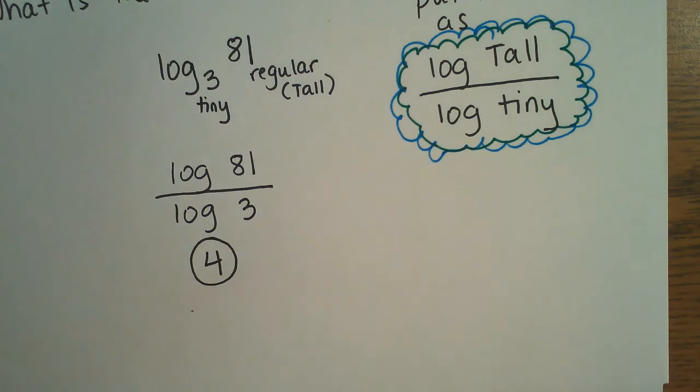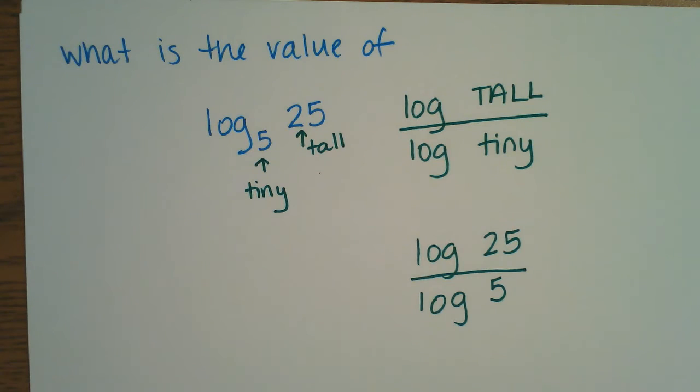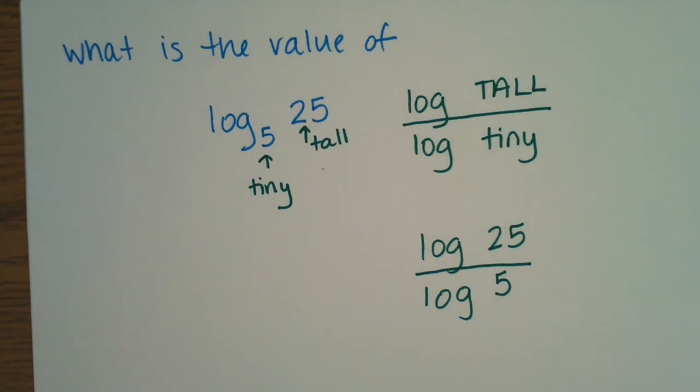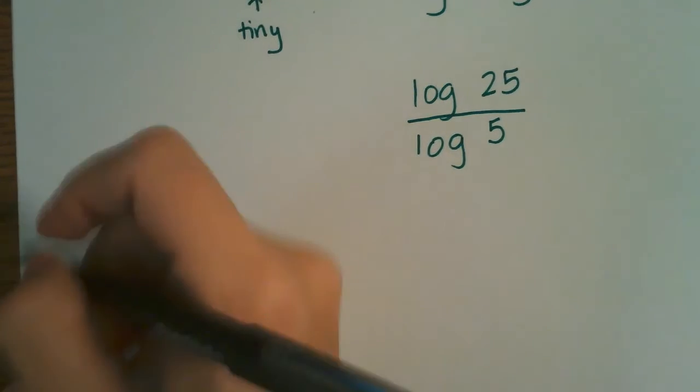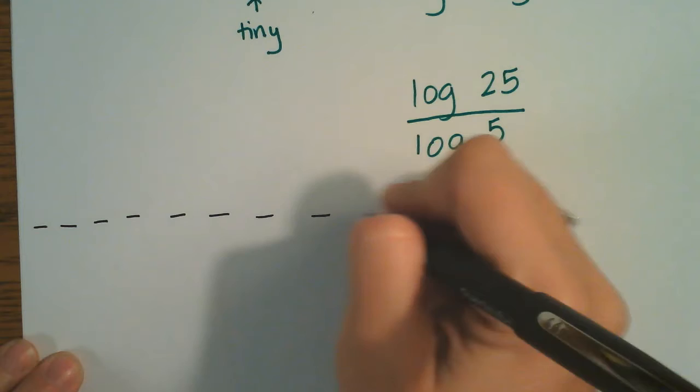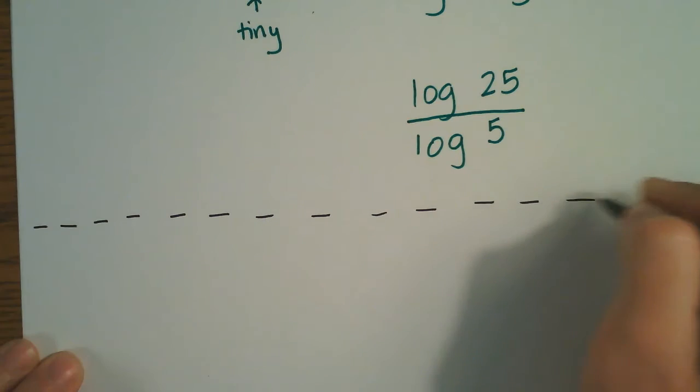But let me share Desmos with you real quick. Sometimes they're not going to be whole numbers. Sometimes they're going to give you decimals. I've started you with the easier ones, and we're building up to the harder ones.